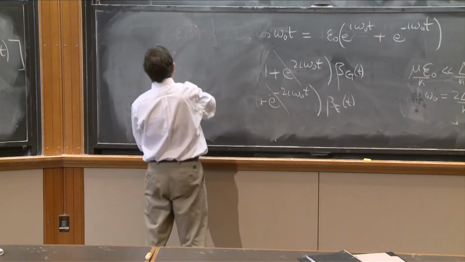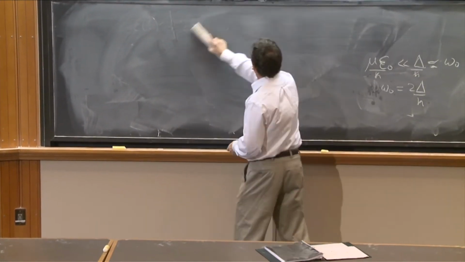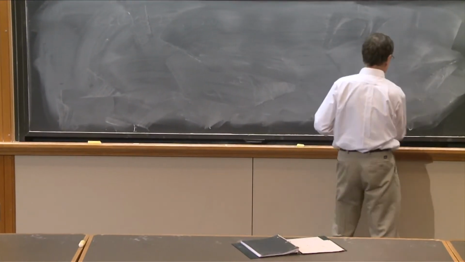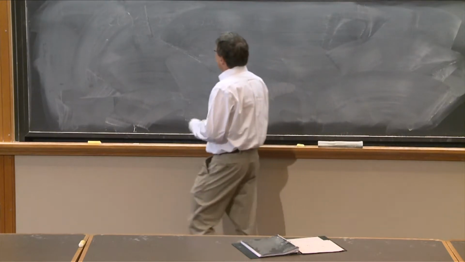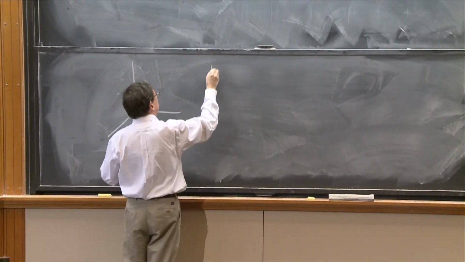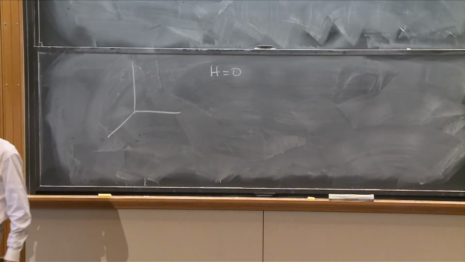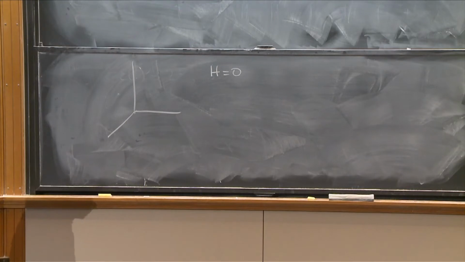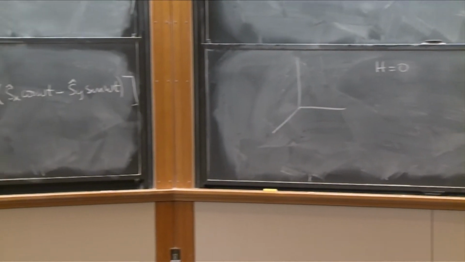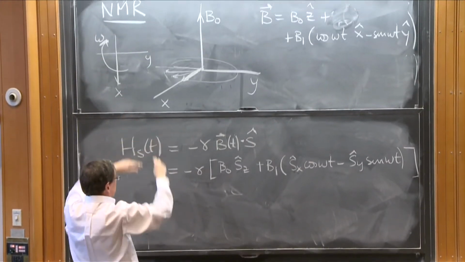So the first thing I'll try to do is something maybe intuitive about this system. Suppose I have a system here, and the Hamiltonian is 0, nothing. Nothing happens in that system. Now, the thing that is curious about this is that this magnetic field is rotating.